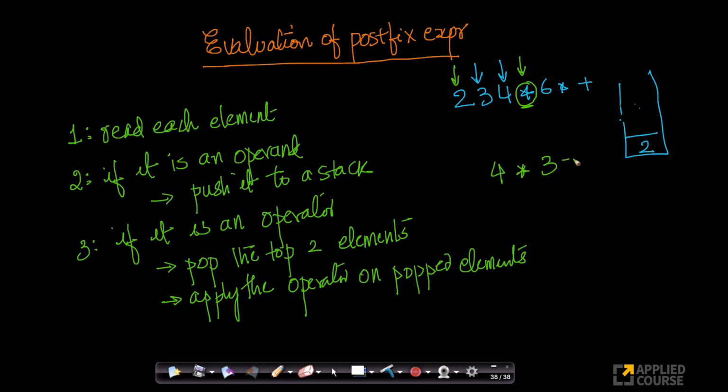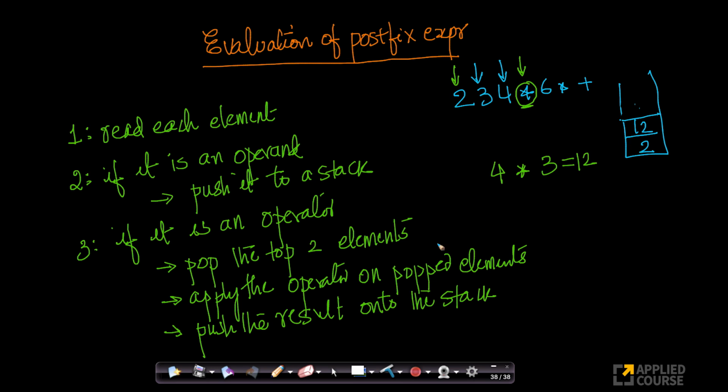When you multiply both of them, you get 12. Now the third step is, push the result onto the stack. What was the result we got? We got 12. So I'll push 12 onto the stack now.